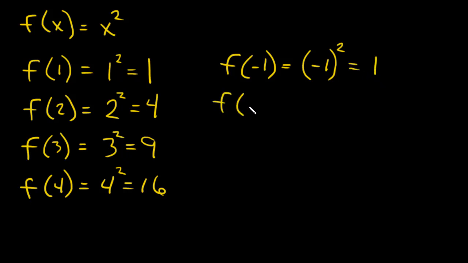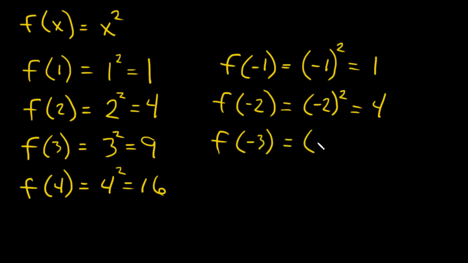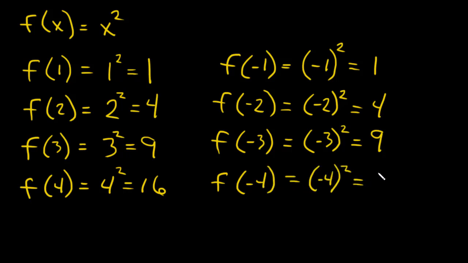What about f of negative 2? That would be negative 2 quantity squared, which is positive 4. F of negative 3 would be negative 3 squared. Negative 3 times negative 3, positive 9. And finally, f of negative 4. That would be negative 4 squared, which is 16.